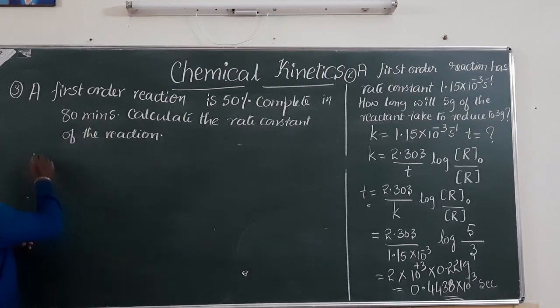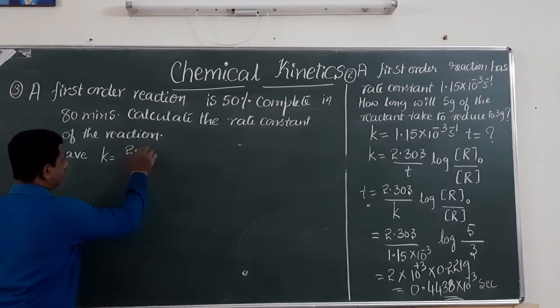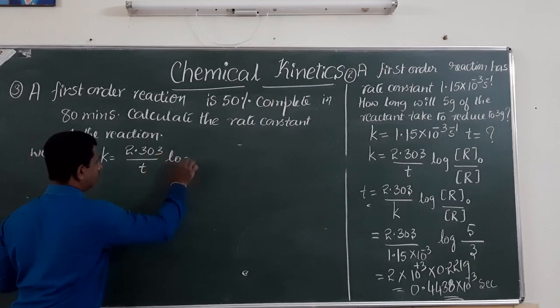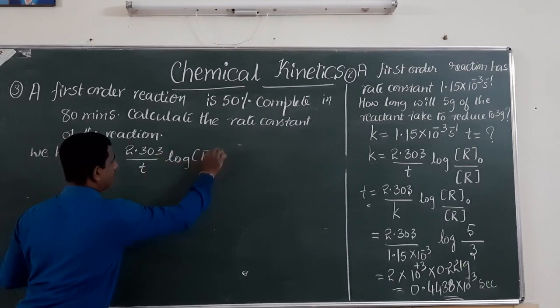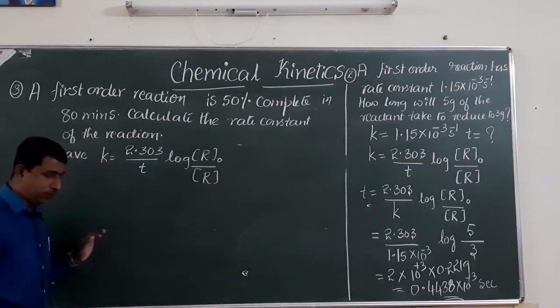Let us solve it. See, we have k equal to 2.303 by t log R naught by R. So what is the formula?